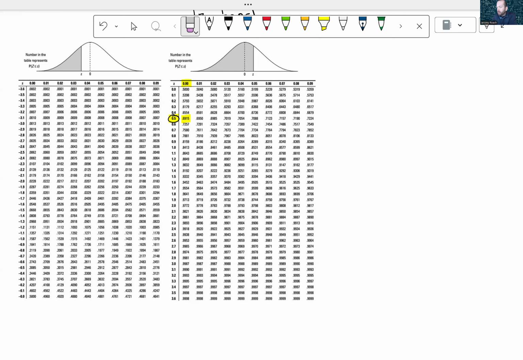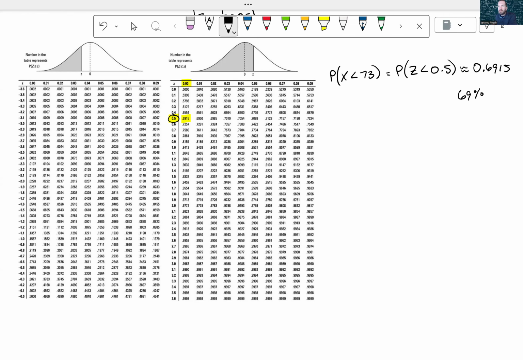So to rewrite this, we can say that the probability that x is less than 73 is equal to the probability that z is less than 0.5, which is approximately equal to 0.6915, or approximately 69%.